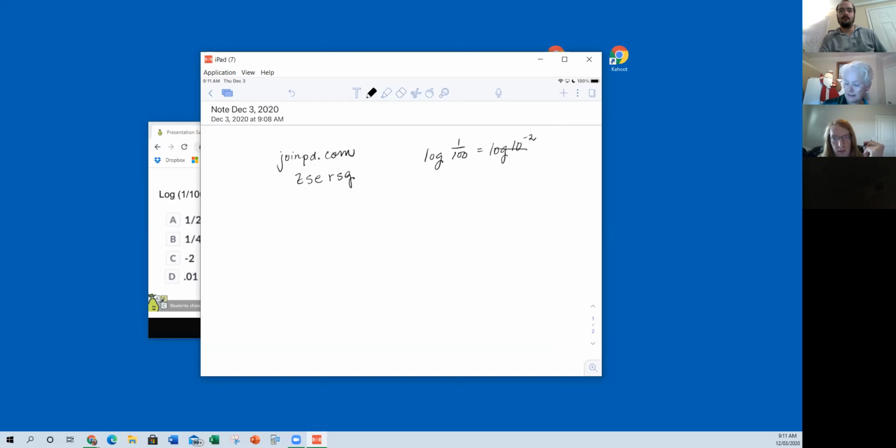So that would just be negative 2. It's also the same thing as log 0.01. And if you count the decimals, that would be 2 places past the decimal. So it should be negative 2.